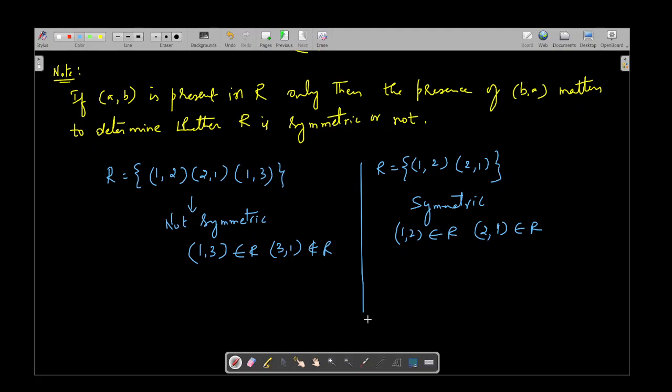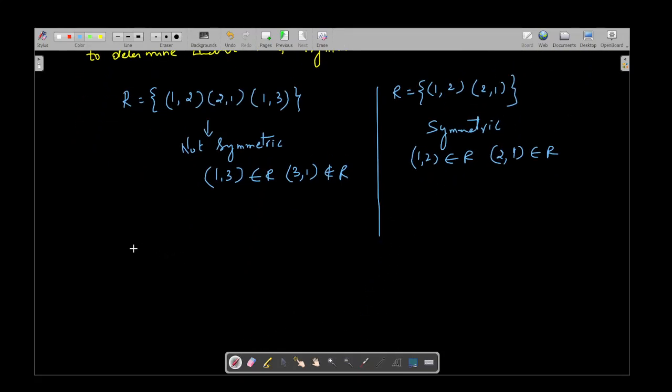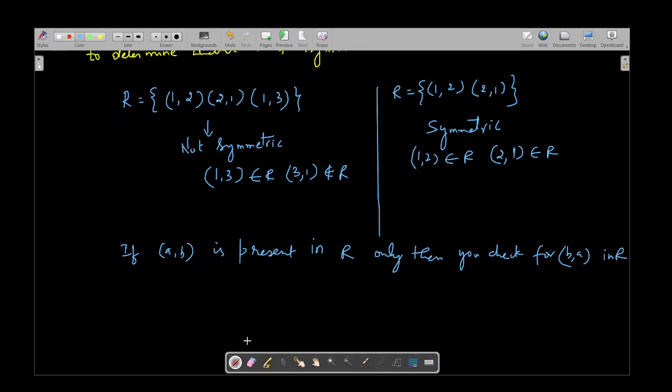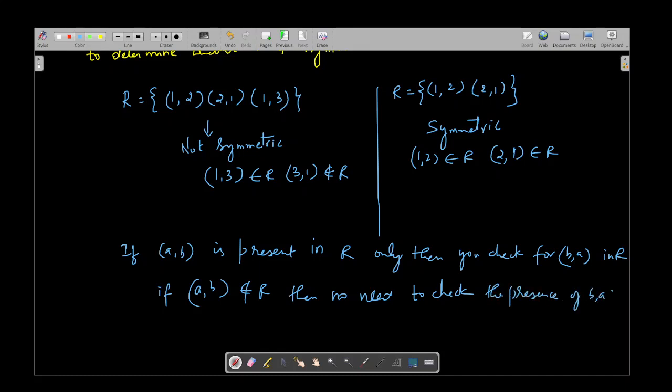So very important: if (A, B) is present in R, only then you check for (B, A) in R. If (A, B) is not in R, then no need to check the presence of (B, A).